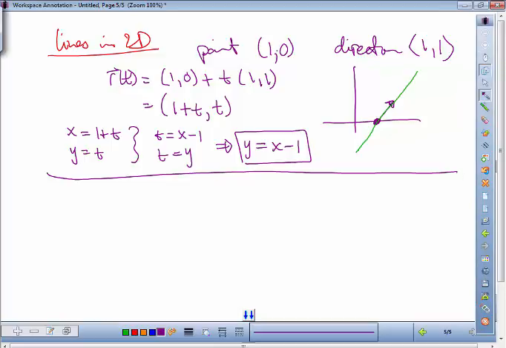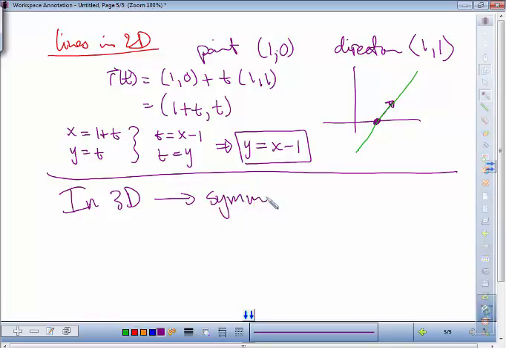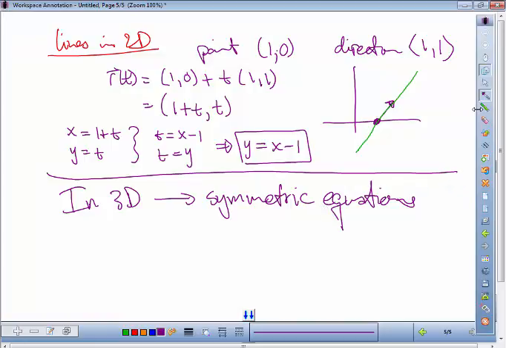In 3D, we have what's called symmetric equations, where we follow the same process and then we come up with this equation with 3 sides, one with an x, one with a y, and one with a z.